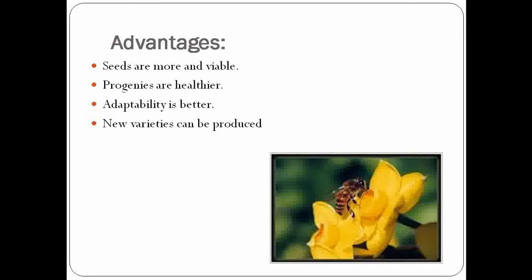In self pollination we have discussed that the progenies which are produced in the next generation do not maintain their health, or self pollination is carried out just to maintain the genetic sequence of whatever type of parents the progenies are produced from.